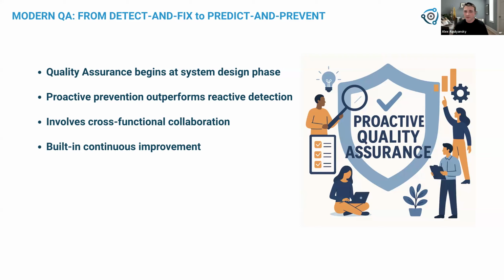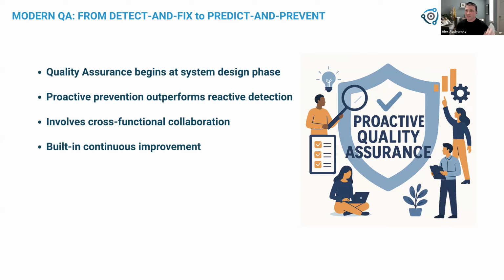Proactive prevention always outperforms reactive detection, just from a money perspective, it simply costs less. As simple as that, right? It involves cross-functional collaboration. Of course, it's not only one person's responsibility, like we talked about before. It's everybody in the company. And when I'm saying everybody, it's absolutely everybody.